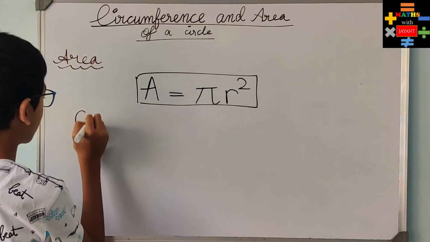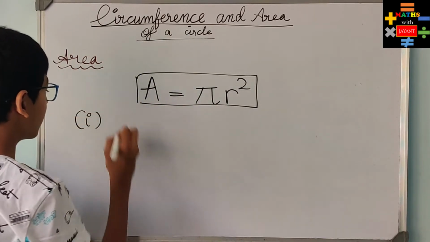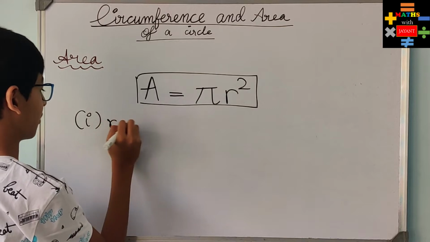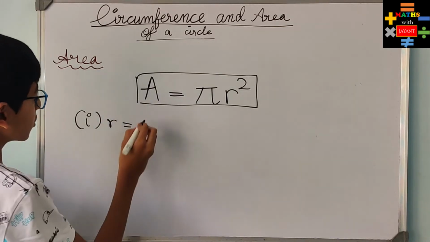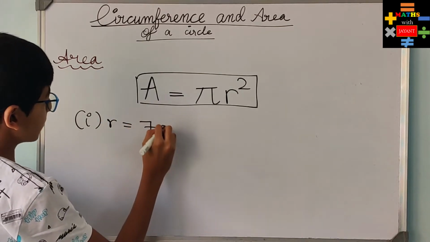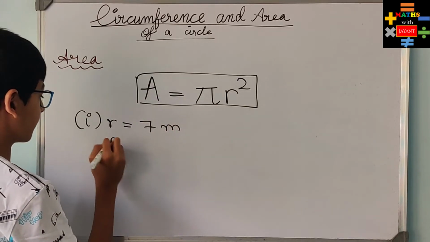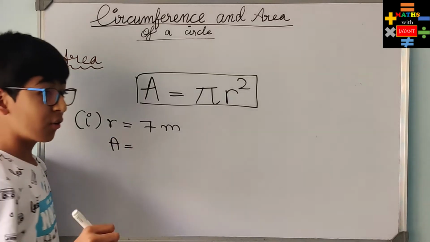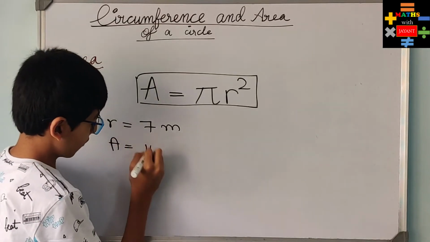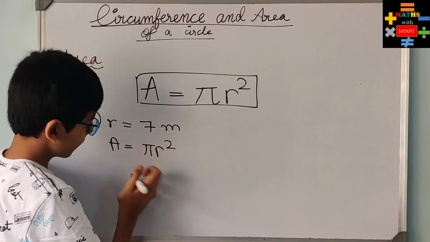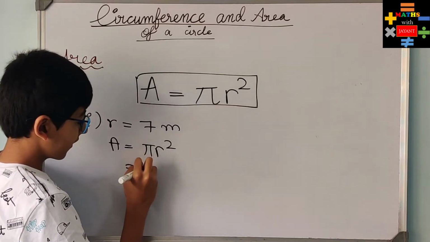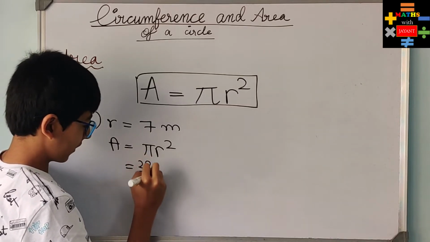Let us solve our first question. Let us say the radius of a circle is equal to 7 meter. So, calculate its area. We already know area of any circle is equal to pi r squared. With this formula, I'll put in our values. Pi is equal to 22 by 7.